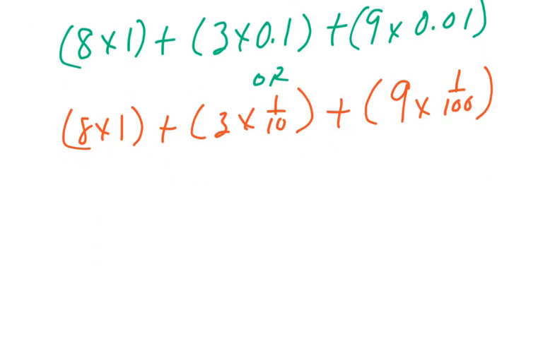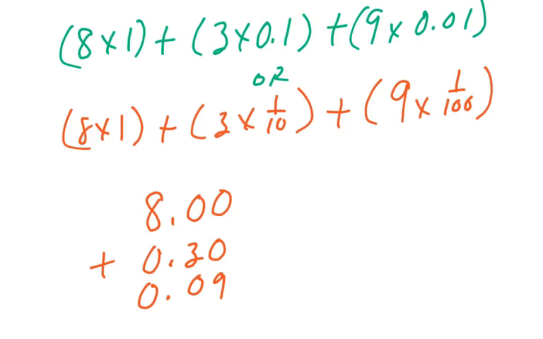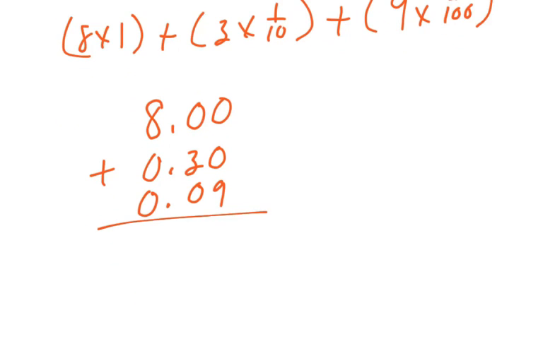Now if we add all of this back up, 8 times 1 is 8.00, plus 3 times a tenth is going to be 3 tenths, and then 9 times 1/100th is going to be 9 hundredths. If we add all of those up together, that will give us our original number back of 8 and 39 hundredths.